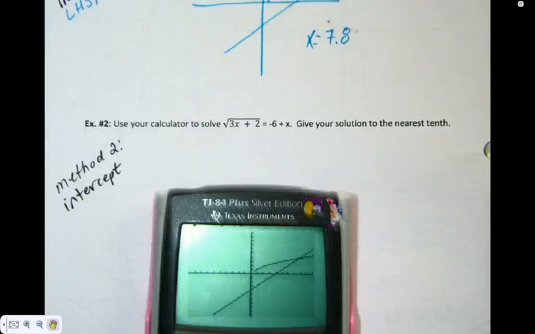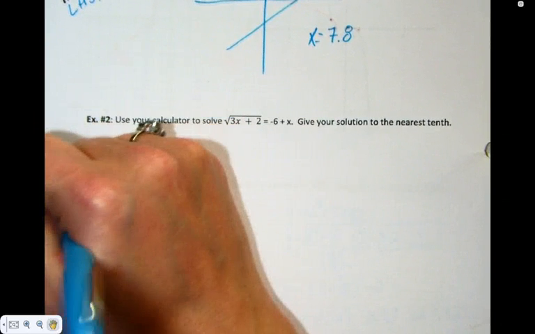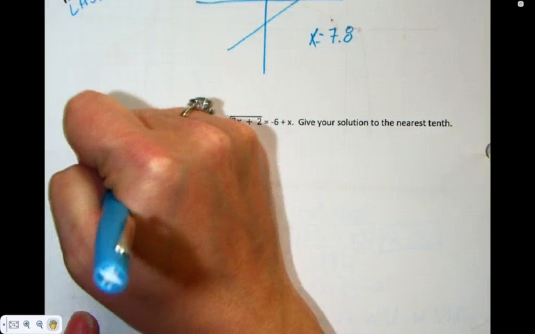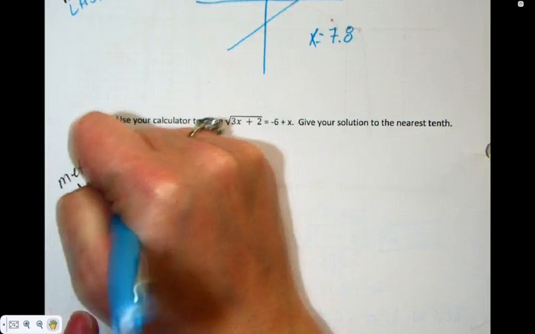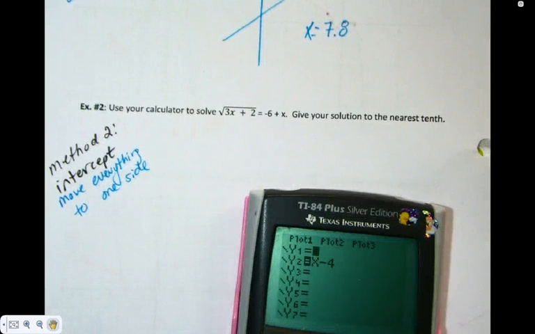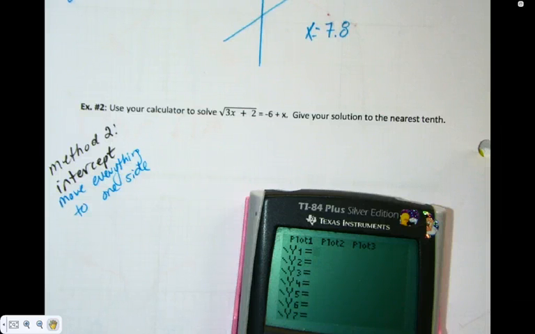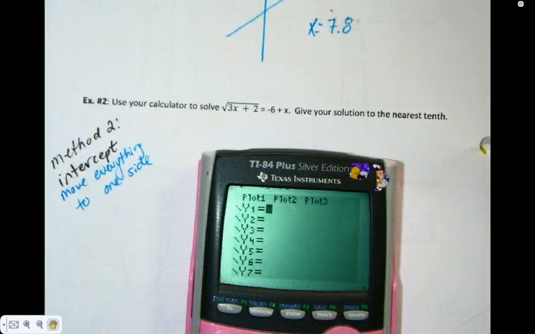Okay, I'm going to do method number 2 down here. This is where we move everything onto one side. If you like method 1 better, just practice method number 2 for fun.